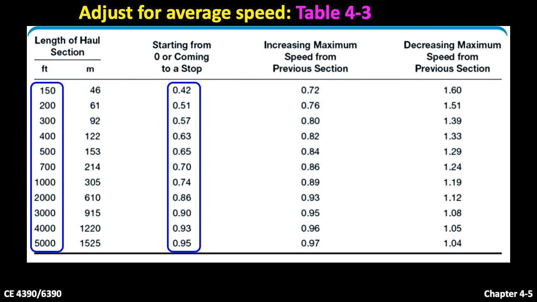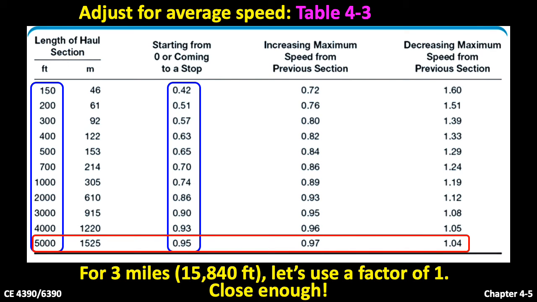Note that the speed factor becomes significant only for short hauling distances. Up to 5,000 feet, the speed factor is close to 1; in other words, the average speed is equal to the maximum speed. In this example, the distance is 3 miles, or 15,000 feet, which is far above 5,000 feet. So let's use a factor of 1, which is close enough.